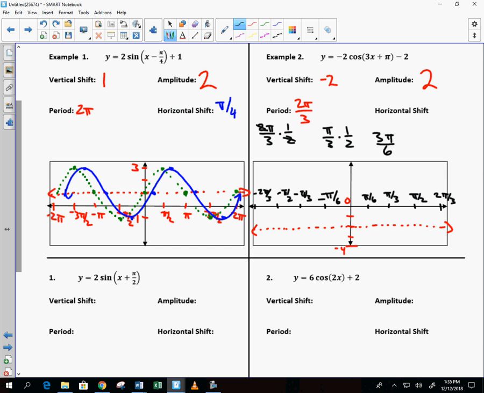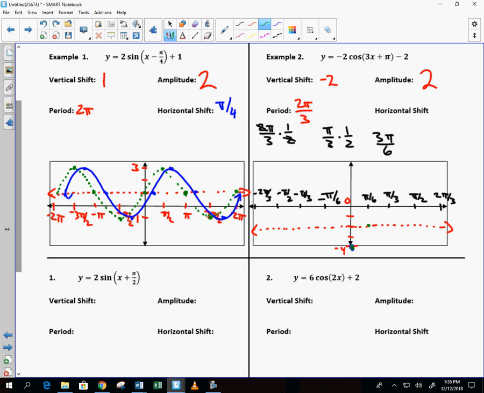Does this have a horizontal shift? It does. So we'll do the ghost graph first, then we'll apply the horizontal shift. This is cosine. Does it start at the max, min, or middle? Cosine wants to start at the max, except it's negative, so it starts at the minimum. It's already at the minimum, so it has to go up.